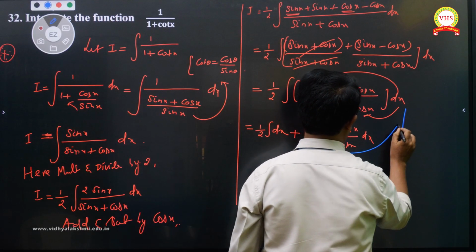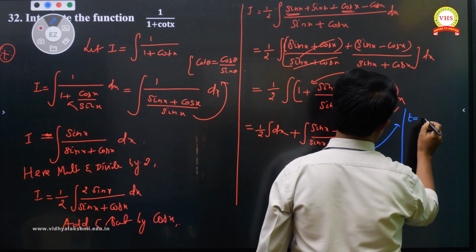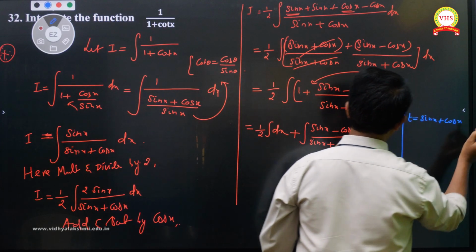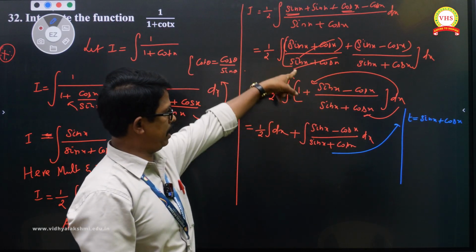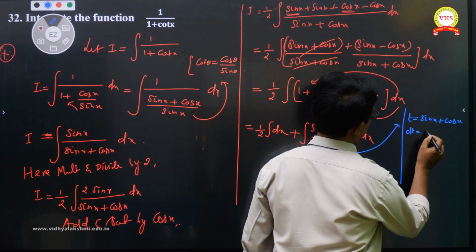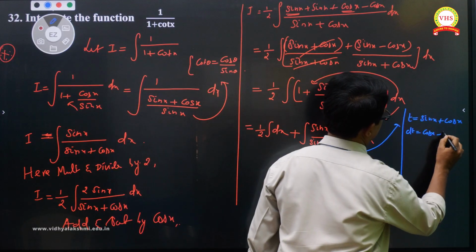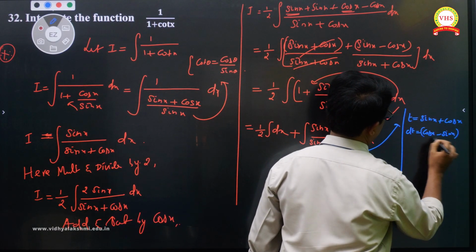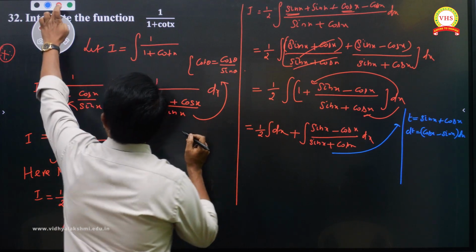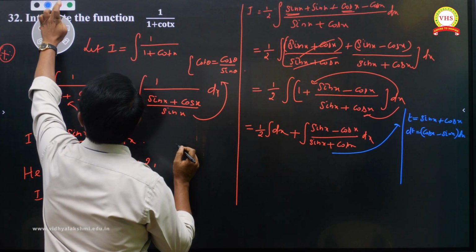For this one, let t equal sin x plus cos x, because the derivative of the denominator exists in the numerator: dt equals cos x minus sin x dx. Then what does the integral become?